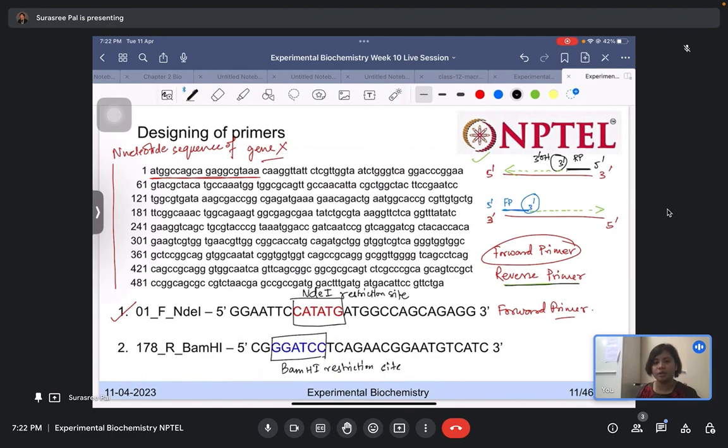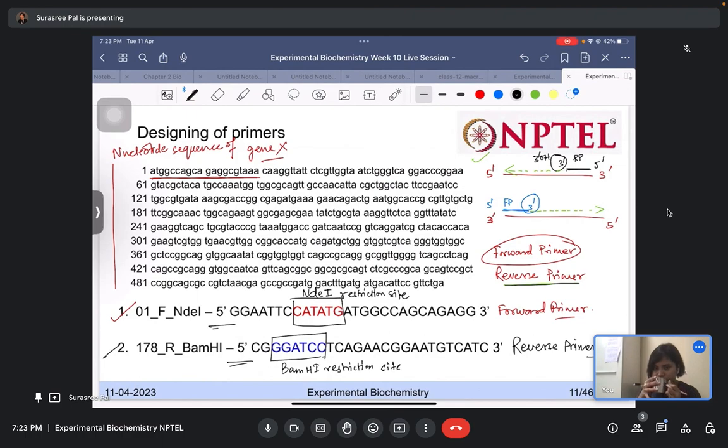Okay, so for that purpose, the restriction sites will be inserted towards the 5' end of the forward and the reverse primer. So the second one is the reverse primer. First one is the forward primer.